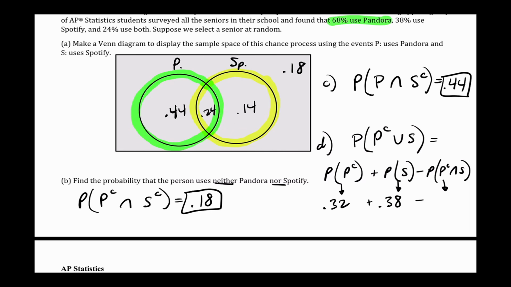Now this is a tough one. Not Pandora and Spotify. Who did we say was not Pandora? This guy and this guy, right? This one's an and. Out of these two guys, which one is a Spotify? Only 14. So that's what we're going to put here.